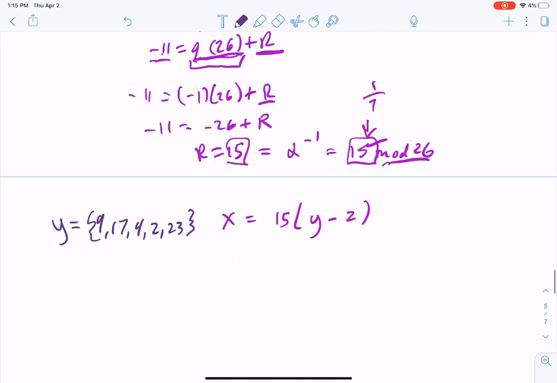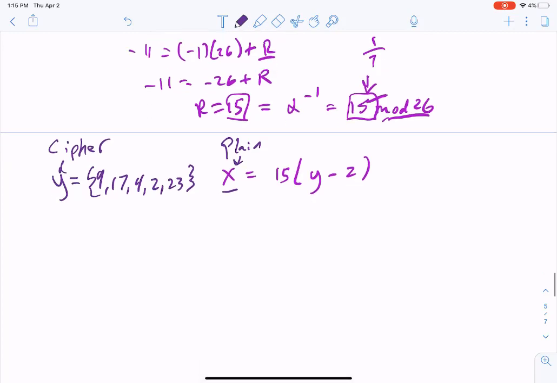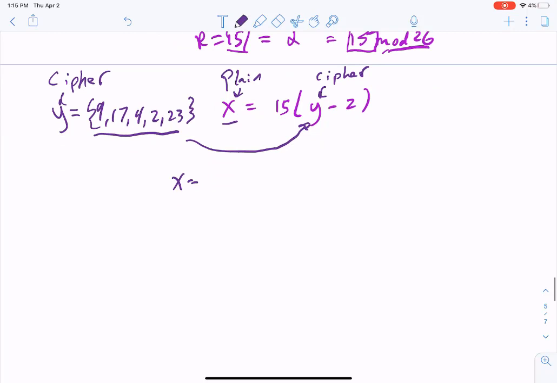And now I'm trying to find the x's. So this is my cipher still. And this is my plain text right here. So my y is my cipher. And I'm going to plug in all of these values into this y and decrypt with this process.